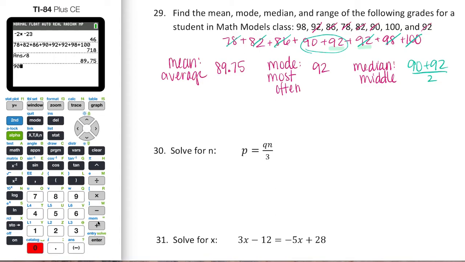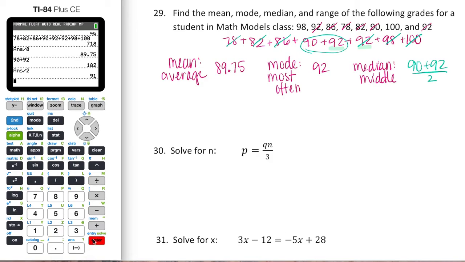So 90 plus 92 is 182 divided by 2, and we get 91. So the median has a value of 91, the mode is 92, and the mean is 89.75.